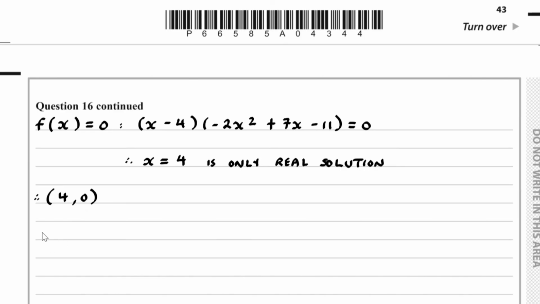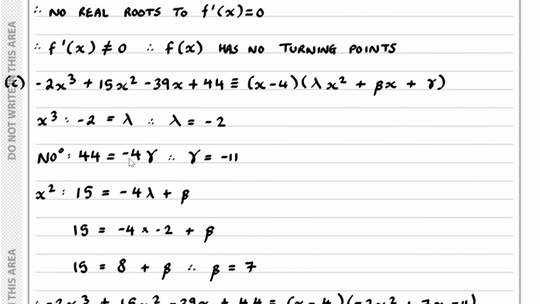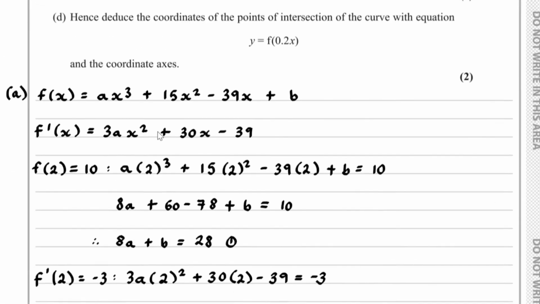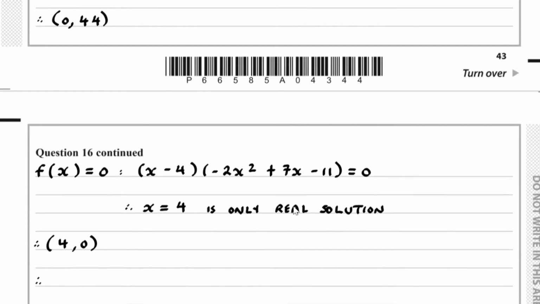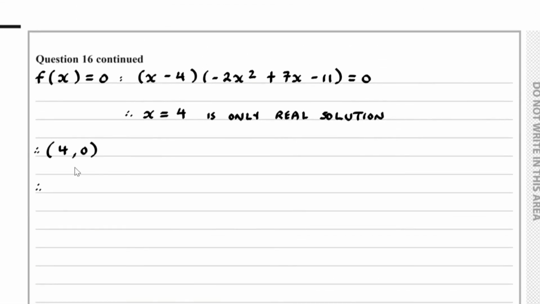So we can conclude then, if we have f of 0.2x, let's just write this down. F of 0.2x, 0.2 being the same as 1/5.